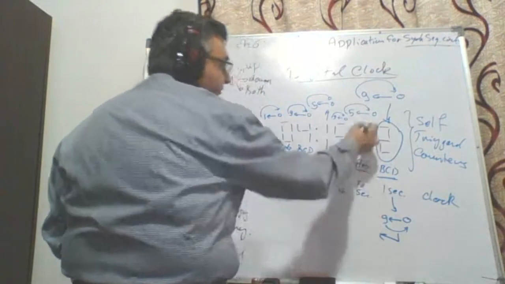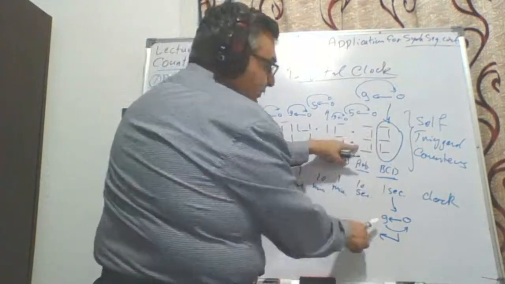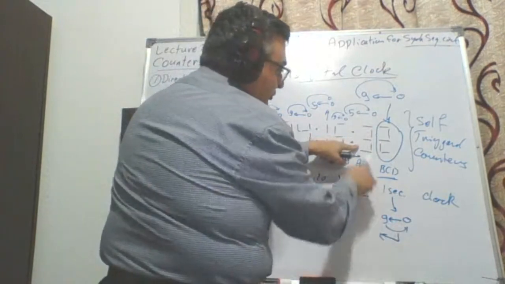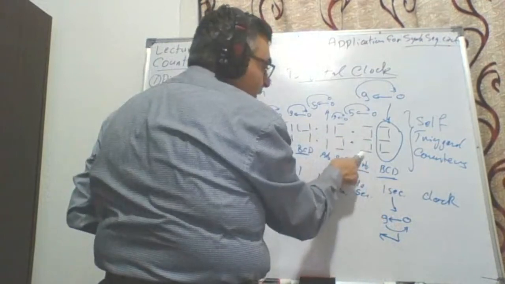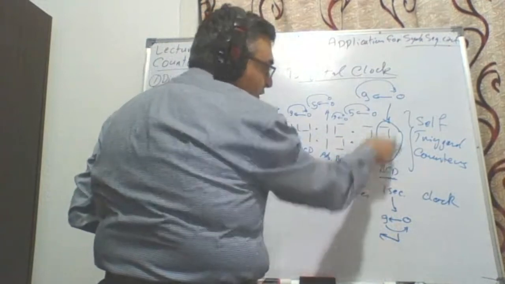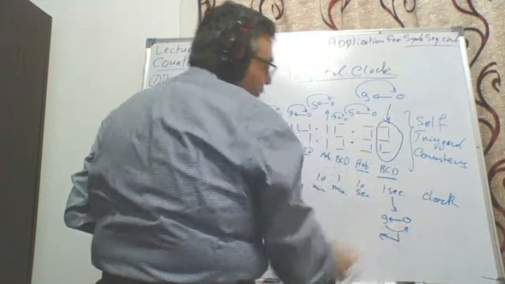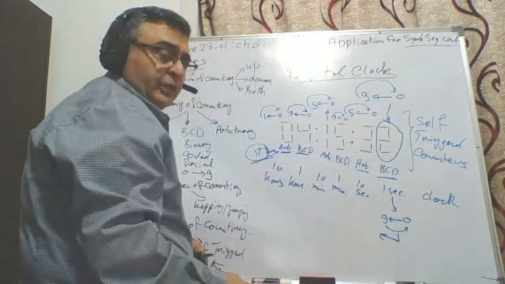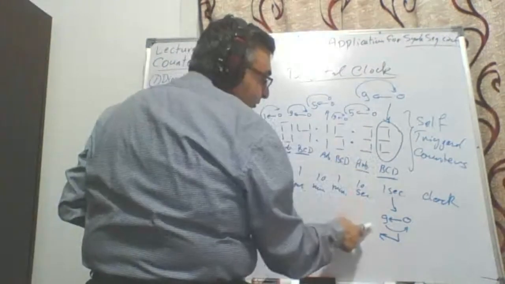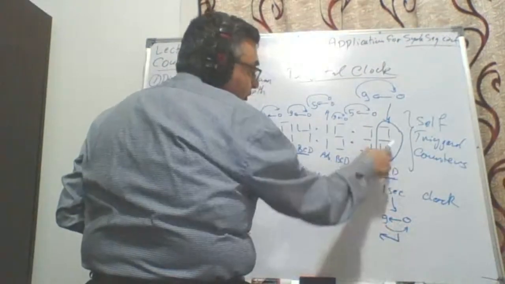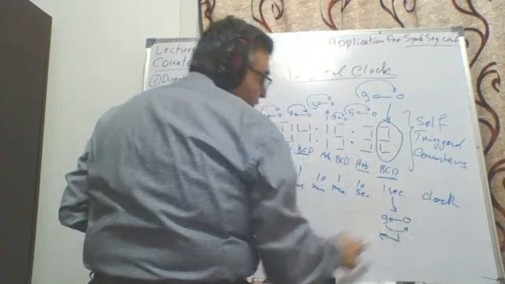So if this is originally 3, when this goes from 9 to 0, this will go to 4. So this will be driven by the transition of the first one from 9 to 0. So this could be an external trigger.